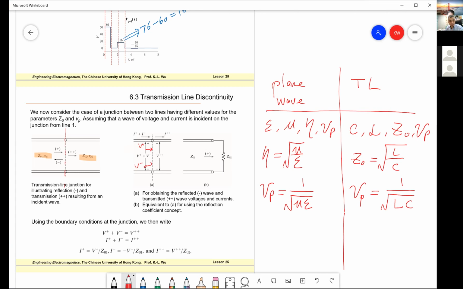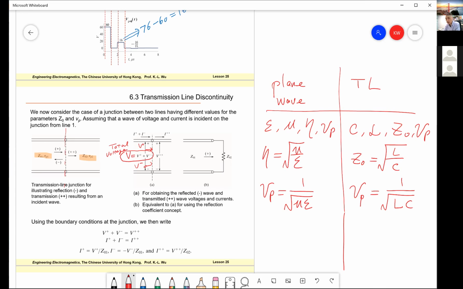We have mentioned many times that the voltage and the current are waves in nature, right? Because they satisfy the wave equation. So therefore, the total voltage is the incident wave plus the reflected wave, right? This is the total voltage.